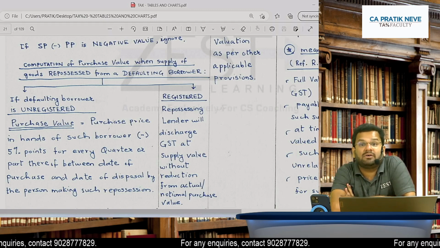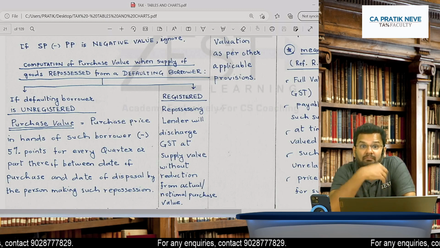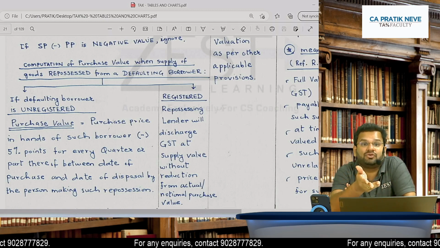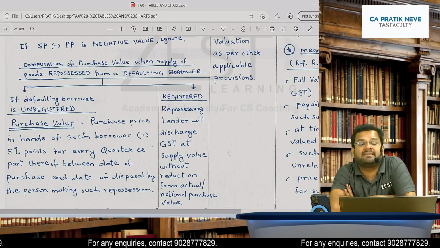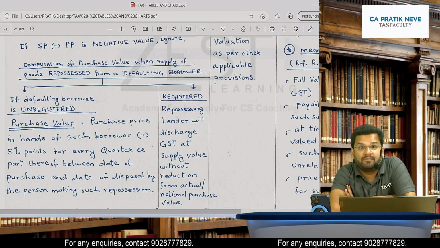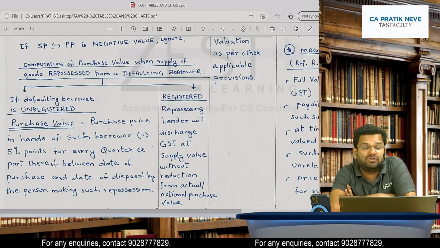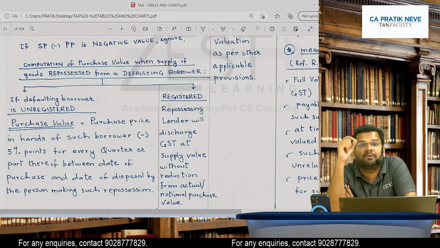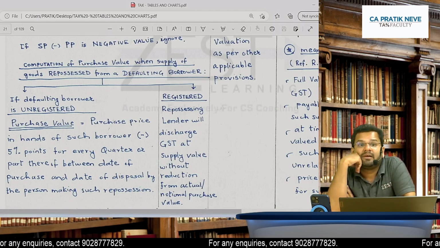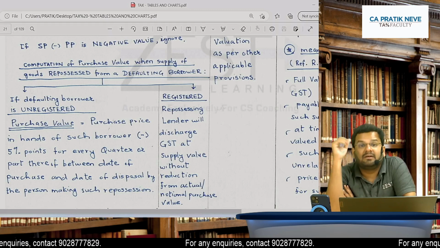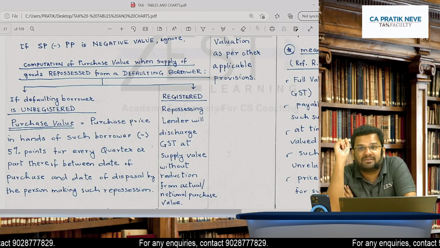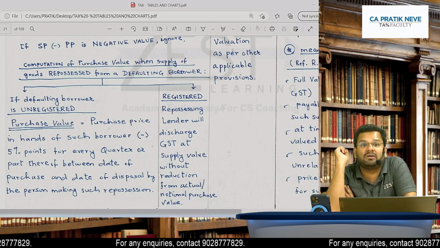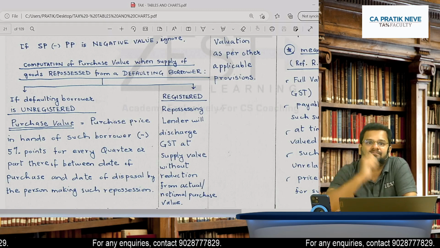Now point is, for the bank is now actually selling second hand goods. It could be any goods. Car is just example. Bank is actually selling second hand goods. But for those second hand goods, does bank have actual purchase price? Bank, my dear friends, does not have actual purchase price, because bank has just repossessed the goods from the defaulting borrower, isn't it?